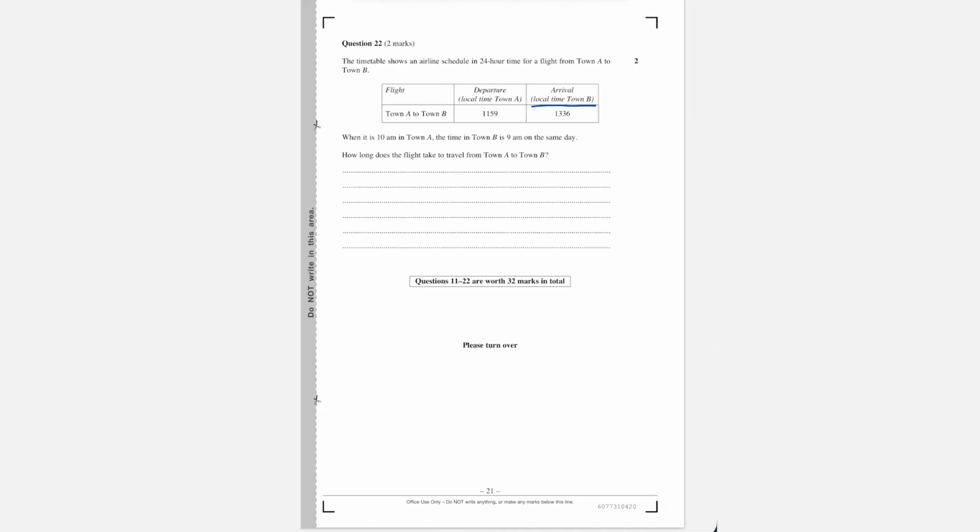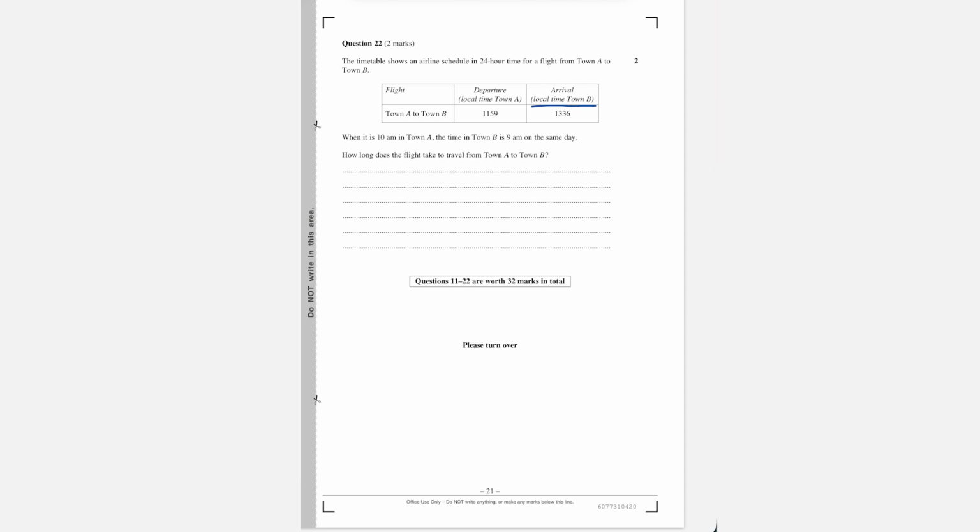Okay, question 22. The timetable shows an airline schedule in 24-hour time for a flight from town A to town B. When it is 10 a.m. in town A, the time in town B is 9 a.m. on the same day.